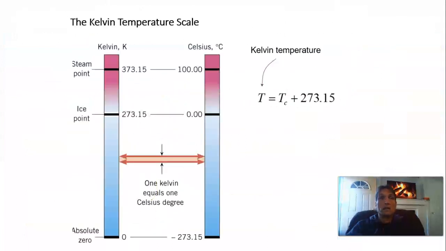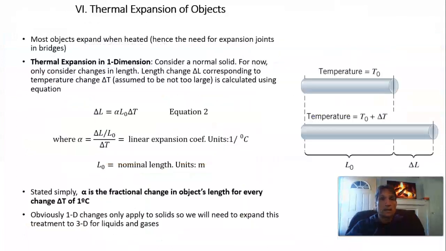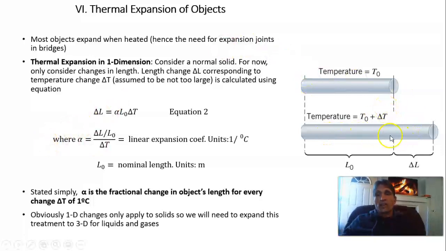Where are we? Right now we're still dealing with one dimension, which primarily is solids, because liquids expand readily in all three dimensions. What we covered yesterday was if you change the temperature of some object, in this case a rod, by an amount delta T, the length of the rod will change.